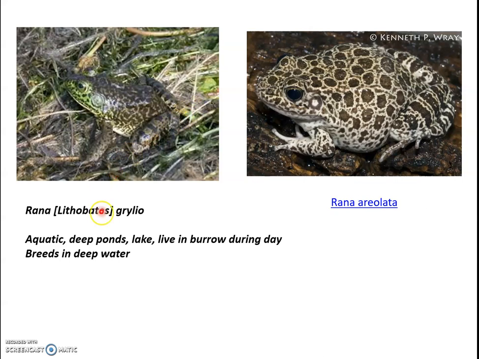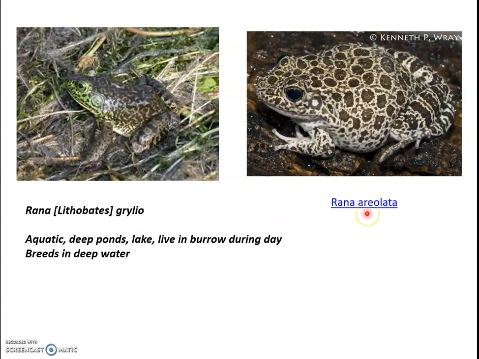Another example is that of Rana grillo, which is called a pig frog, and the Rana areolata, which is called a gopher frog. Rana grillo is extremely aquatic. They dwell in deep ponds, lakes, and marshes.